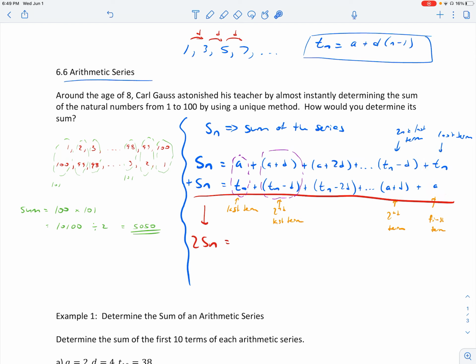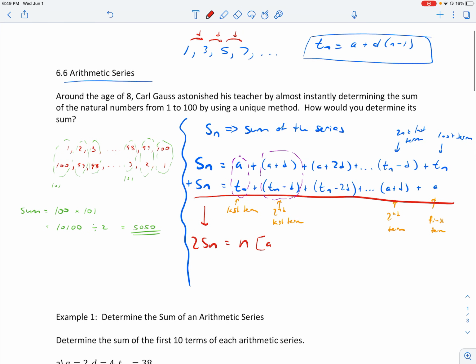So there's actually going to be a plus Tn times the number of terms here. How many terms are there? Well, n. There's going to be n number of terms. So 2Sn is equal to n, which is the number of terms, and then we have a plus Tn.